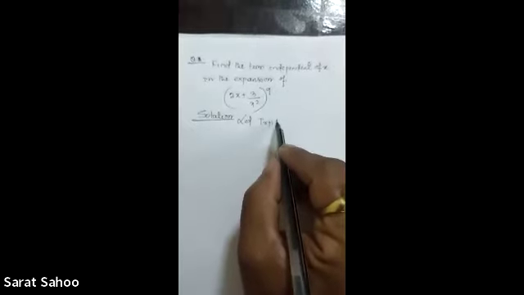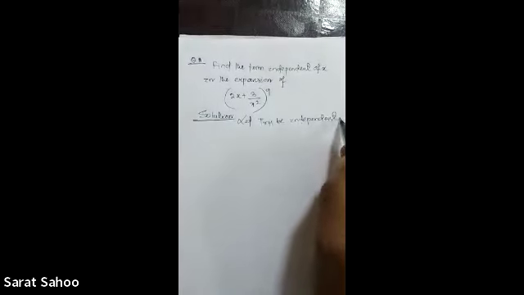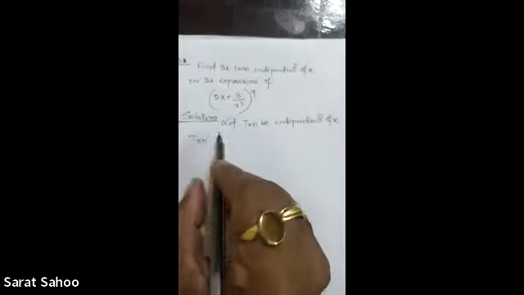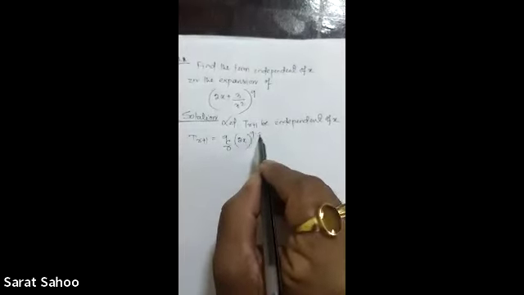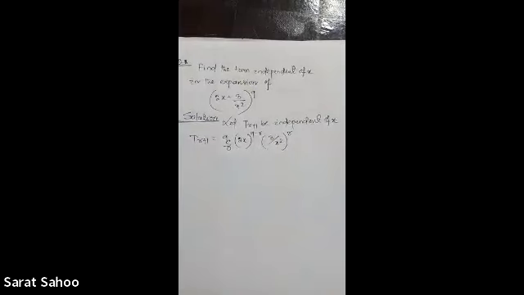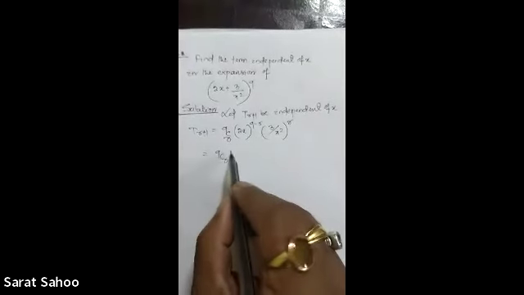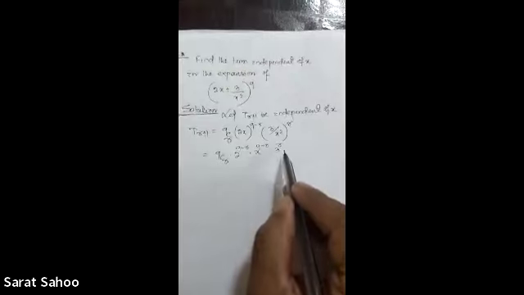Let Tr plus 1 be equal to 9Cr (2x) raised to the power 9 minus r, (3 upon x square) raised to the power r, x raised to the power minus 2r.